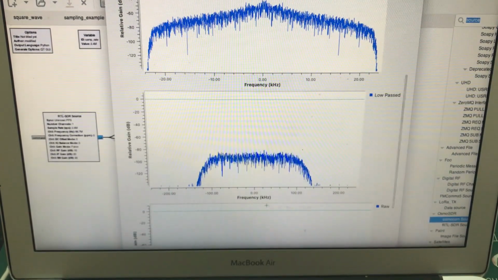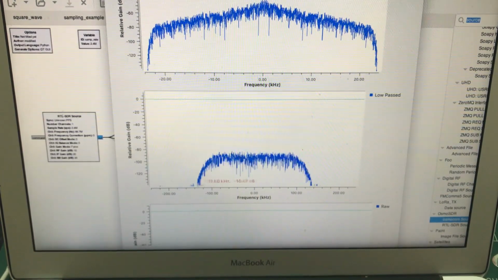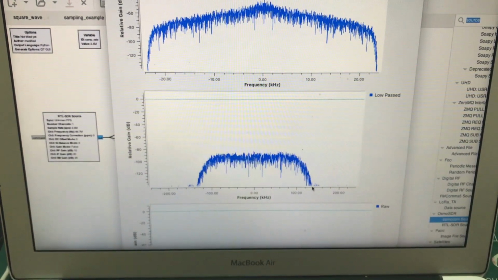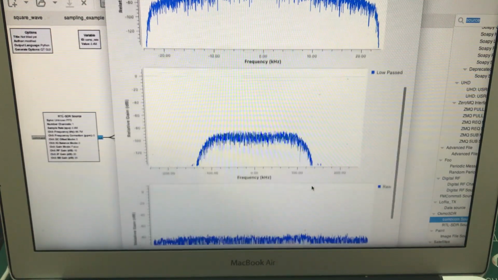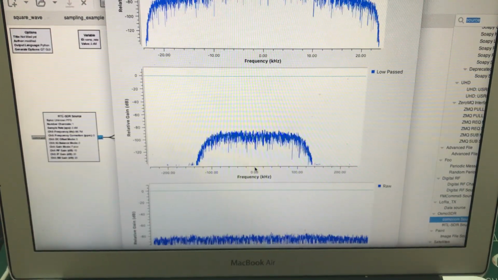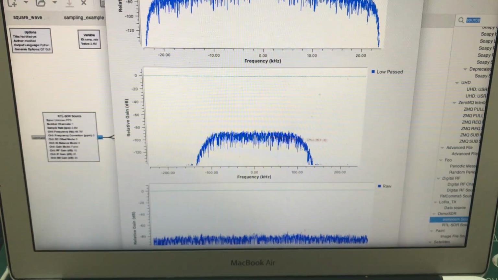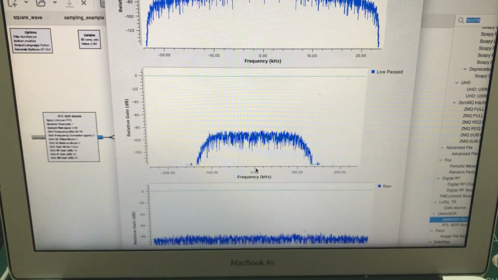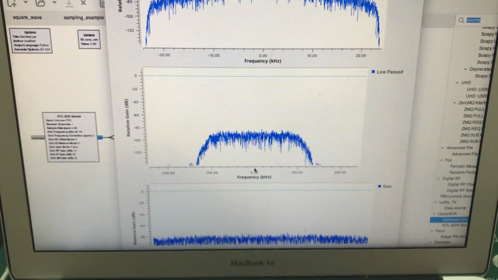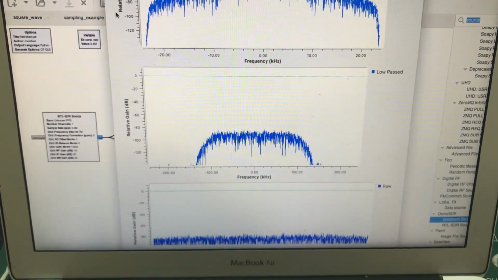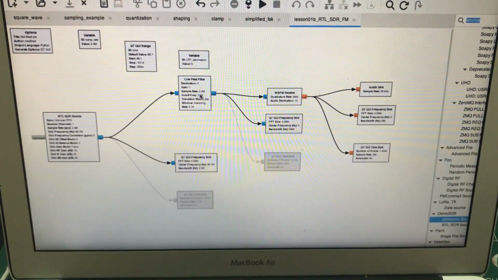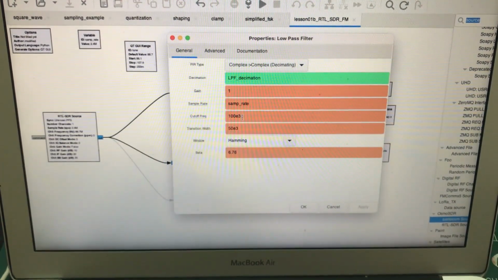Roughly speaking, this is about 200 kilohertz. It looks like about 150, but from 0 to 100 kilohertz. Every channel will take about 200 kilohertz, and each side is going to be about 100 kilohertz. That's why I am keeping this at 100 kilohertz.